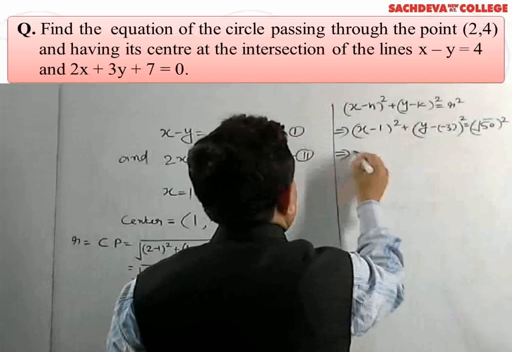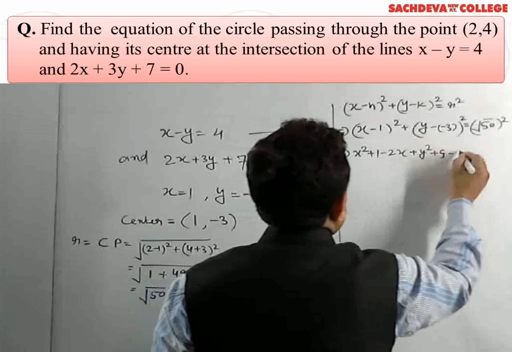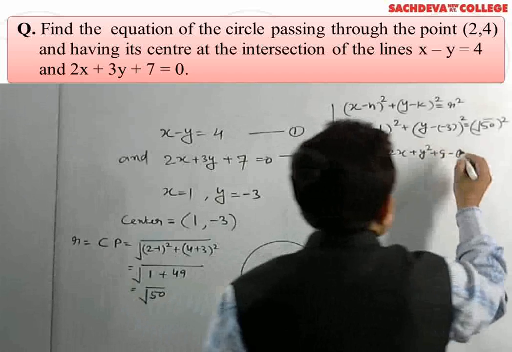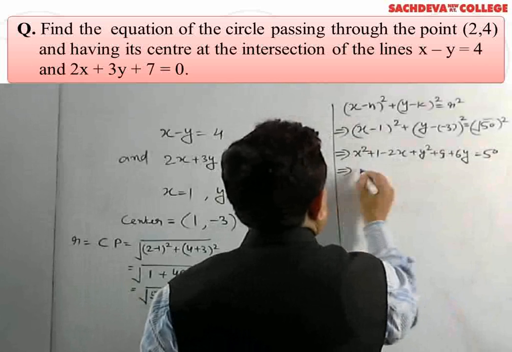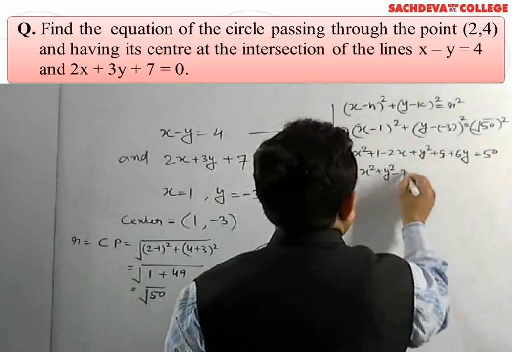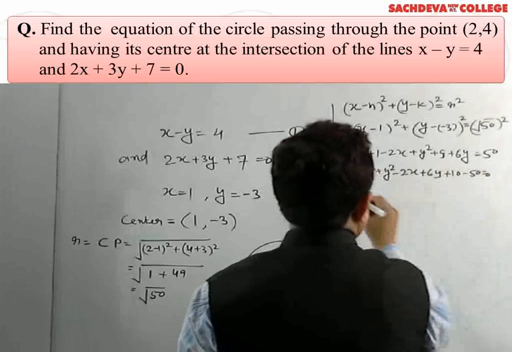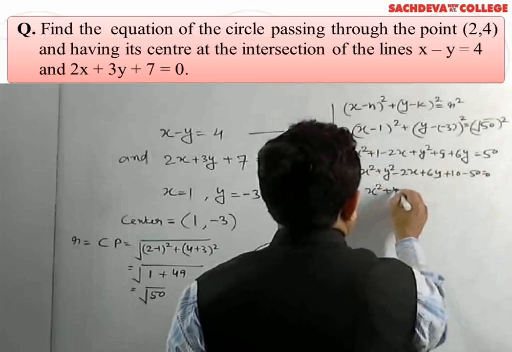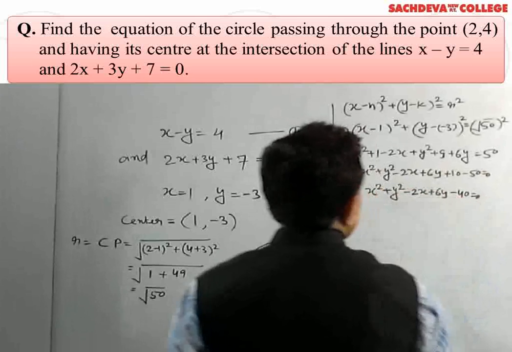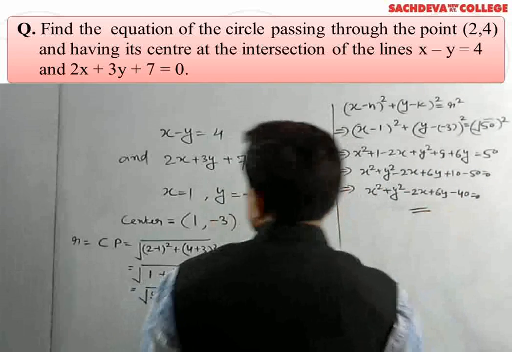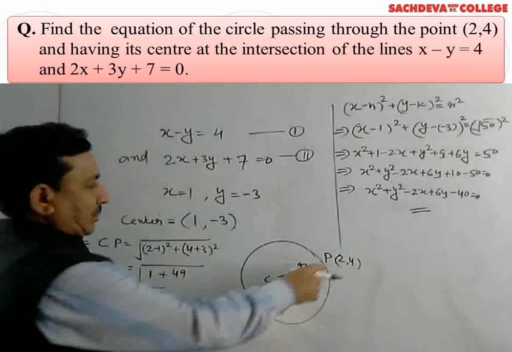Or we find x square plus 1 minus 2x plus y square plus 9 plus 6y is equal to 50, or x square plus y square minus 2x plus 6y plus 10 minus 50 is equal to 0, or x square plus y square minus 2x plus 6y minus 40 is equal to 0 is the required equation of the circle whose center is the intersection point of these two lines and which passes through the point (2, 4).